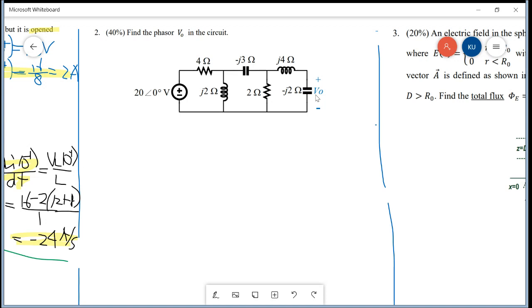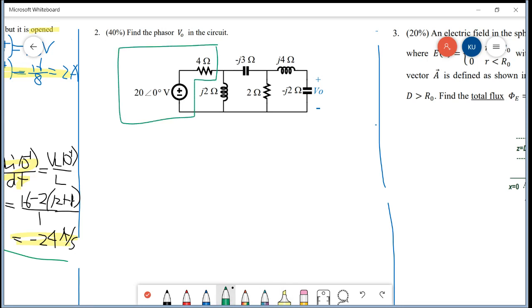So for the first step, this is definite. And then I'll try to convert it into Norton. So it will be 20 over 4, which is 5A.